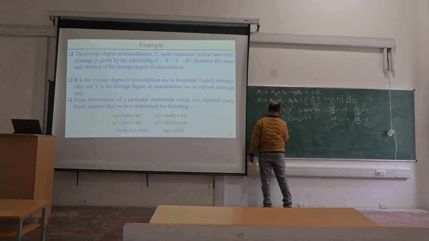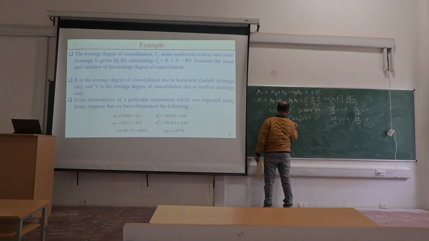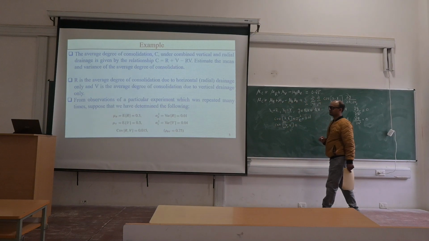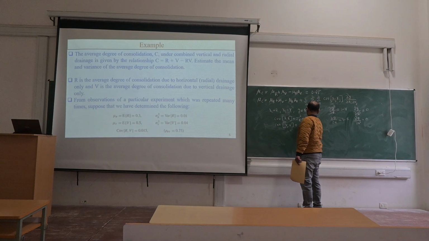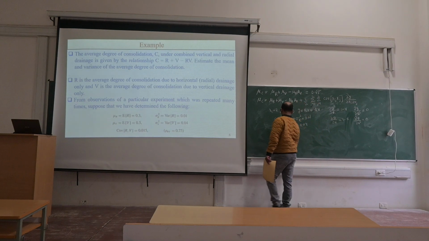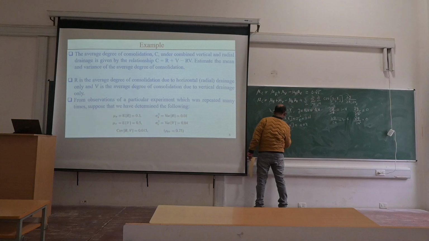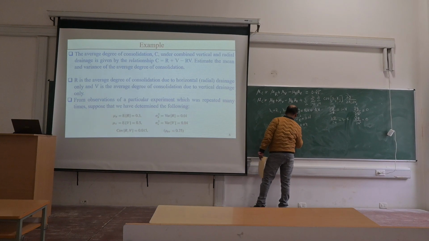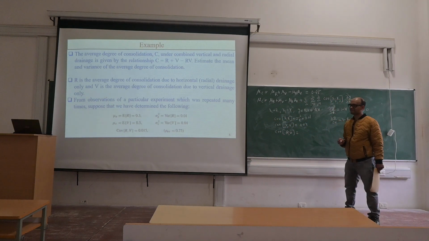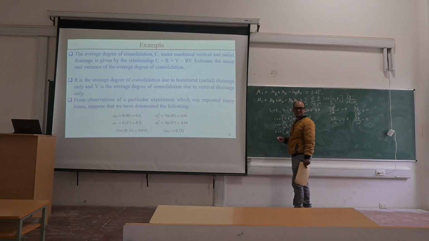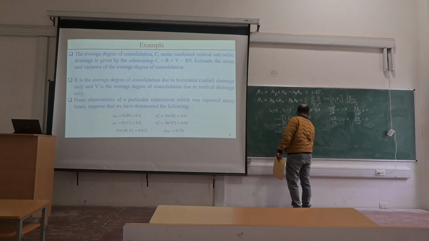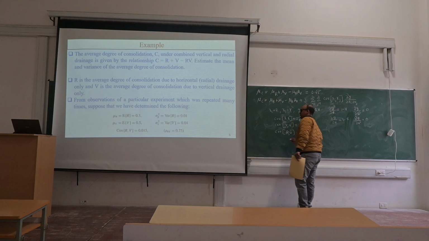What is COV VV? 0 point. Right? What is COV RV? No, you have to tell me. I know it is written there. 0.015, right?